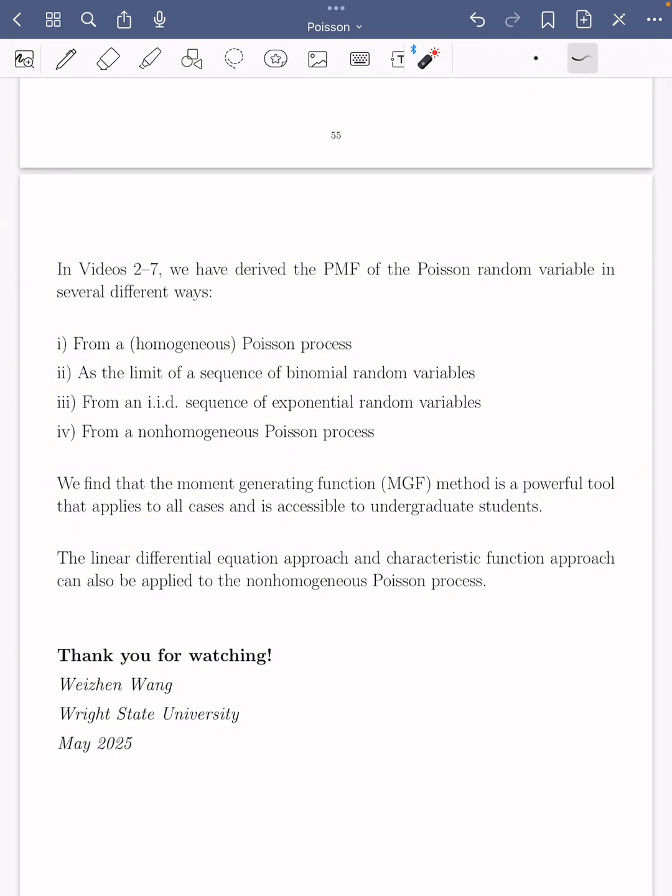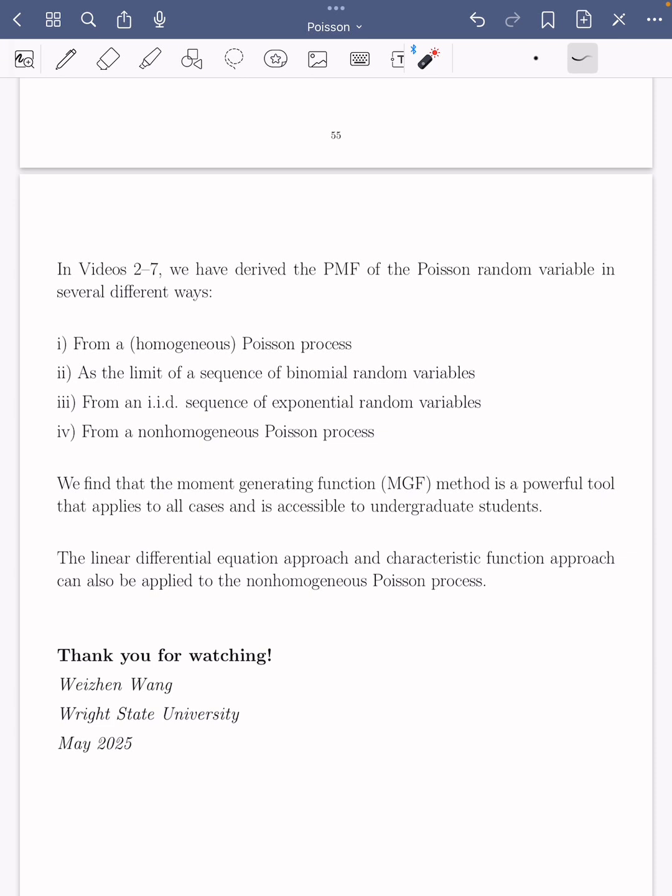Also, we can derive the Poisson random variable from an IID sequence of exponential random variables, and we can derive the Poisson distribution from a non-homogeneous Poisson process. So we find that the moment generating function method can apply to all cases, and is also accessible to undergraduate students.